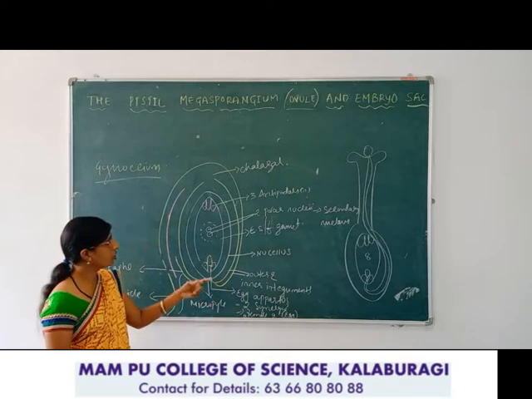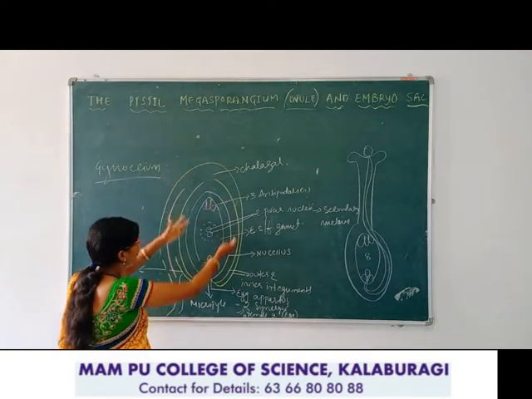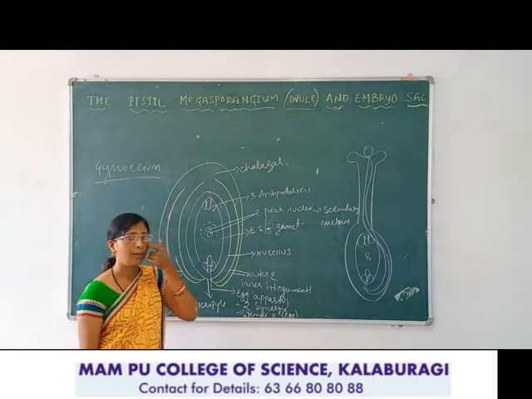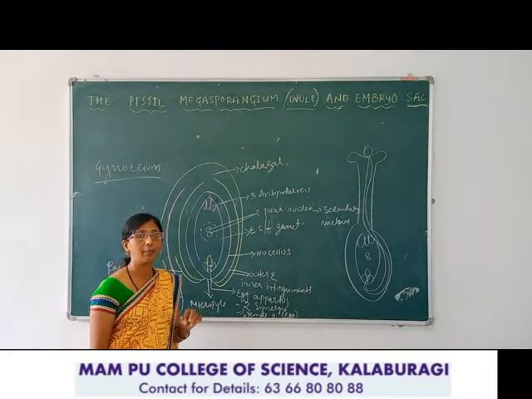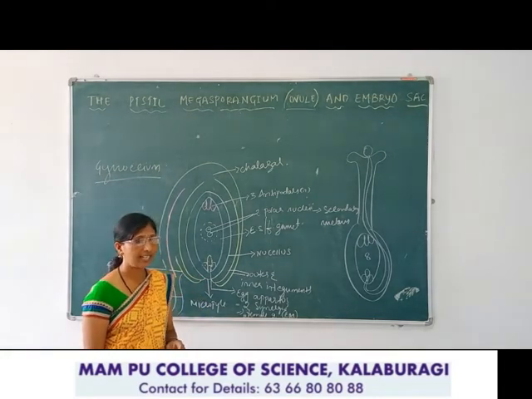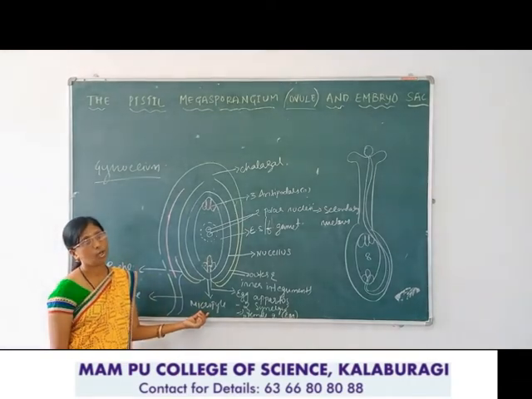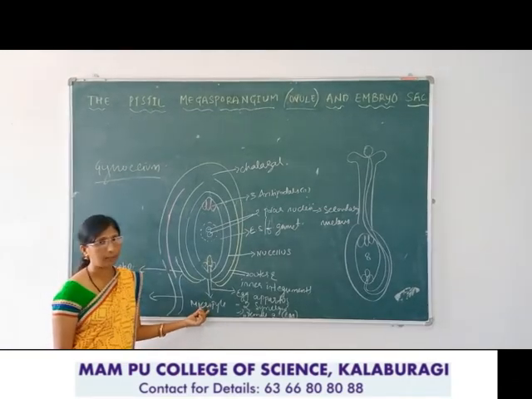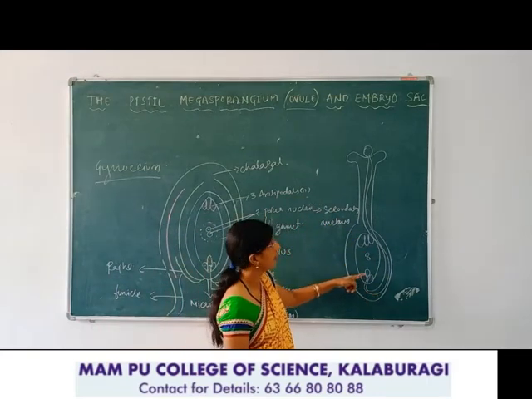These integuments start forming from this region, and that region is called the chalazal end. This integument does not totally surround the female gametophyte or embryo sac. They leave a small opening called the micropyle. So what is the function of the micropyle? It is where the pollen tube enters.